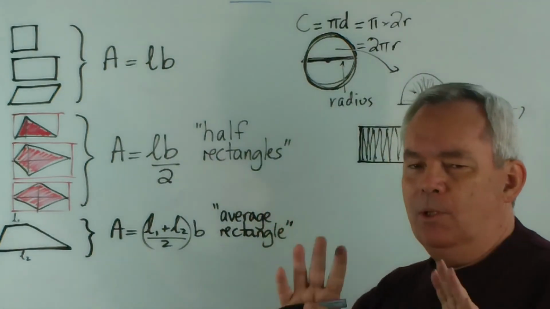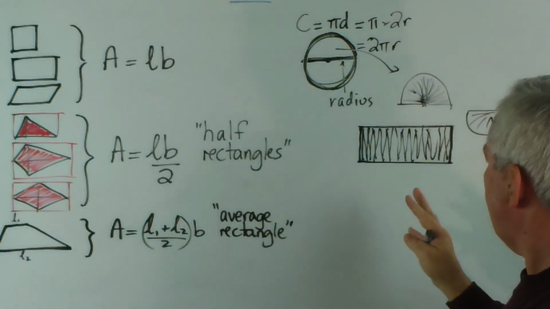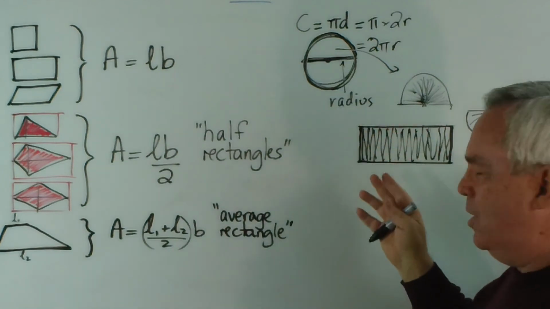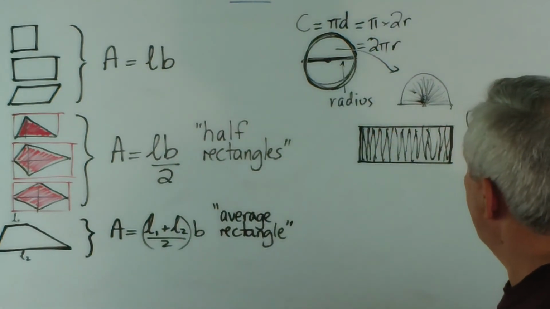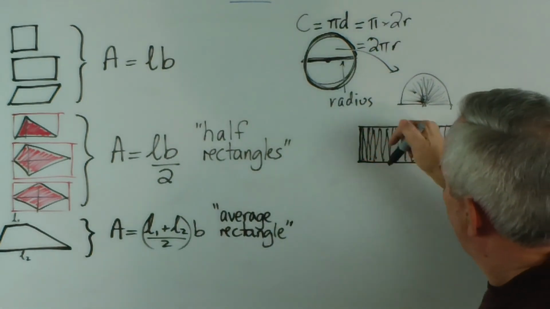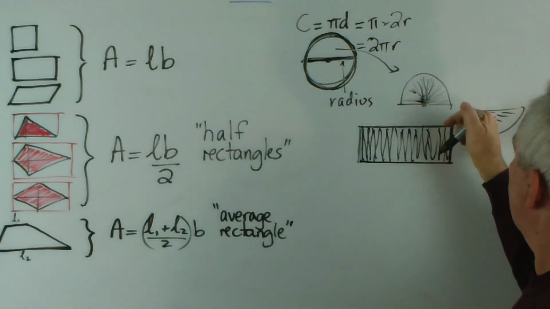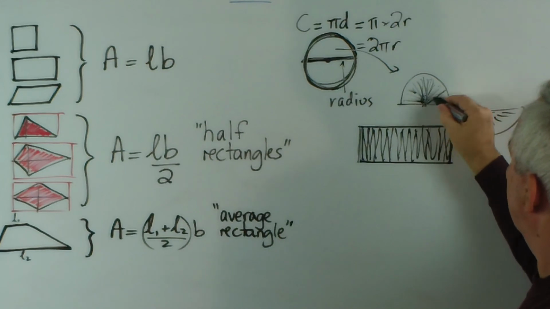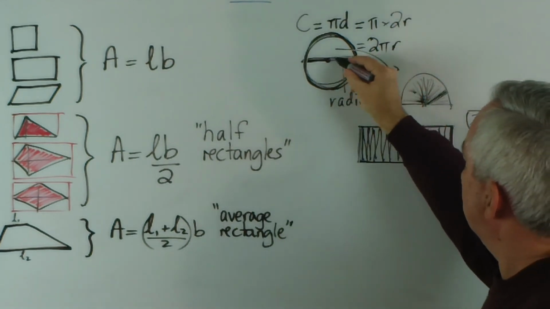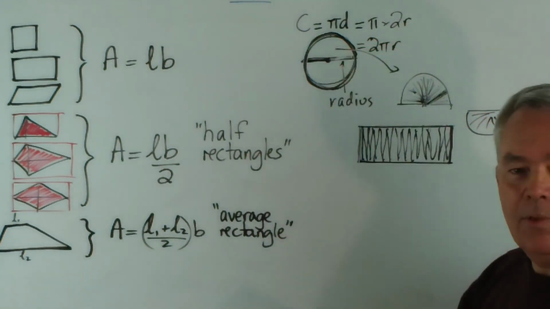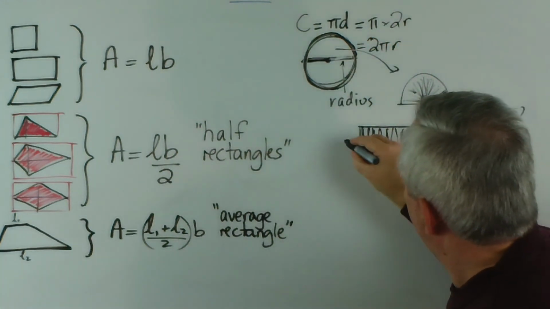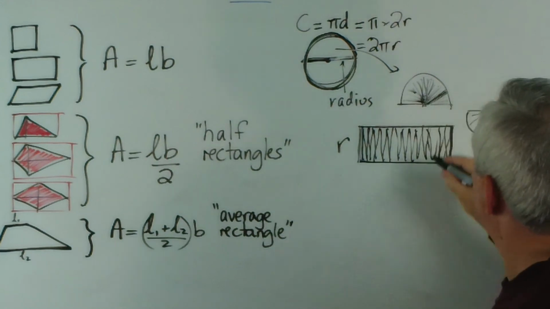Now, I'm not going to quibble at this stage. There's a great discussion about this, but I want to look at two features of this rectangle. What's this distance here? Well, that was the length of each of these wedges, wasn't it? And what was the length of the wedge? It was the distance from the outside into the centre of the circle, which is the radius.